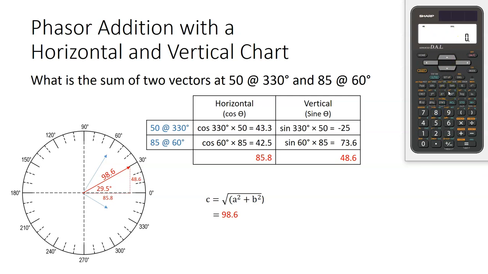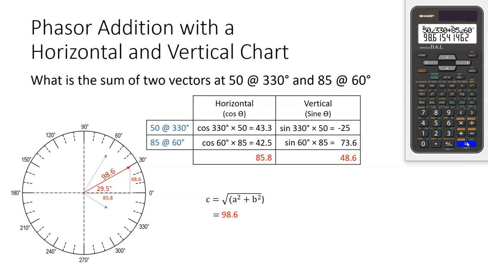So let's enter our phasors and do phasor addition in the calculator. We had 50, and then you'll hit this DMS button, and that gives you the angle, 330 plus 85. DMS gives this little angle symbol here. 85 at 60. Hit our equals, and we should come up with that same answer, 98.6.